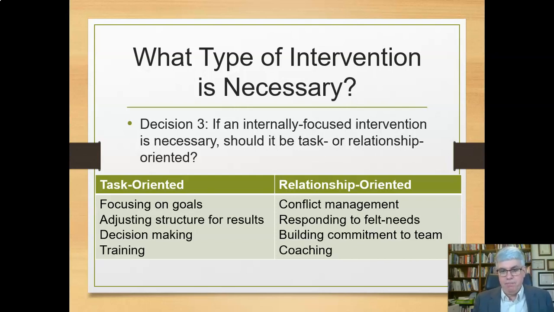Perhaps we need to build commitment to the team, have a clearer vision, more time to get to know each other, to understand how each other works. Or perhaps somebody needs coaching, somebody to come alongside them and help them achieve the goals and the responsibilities that they're supposed to.